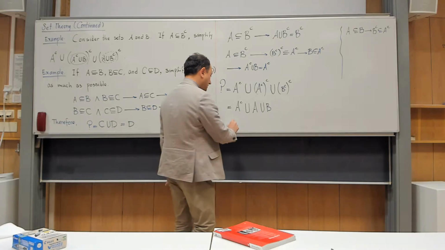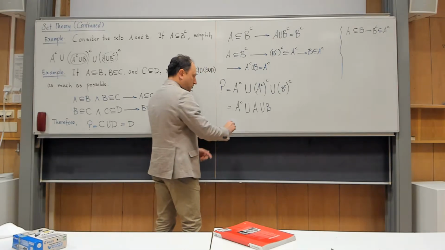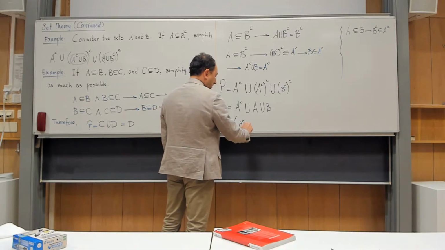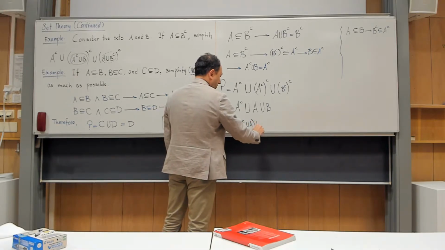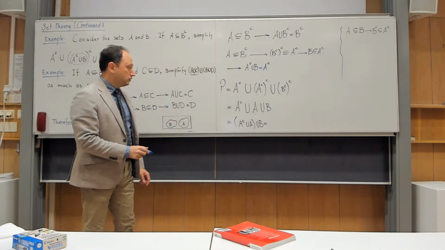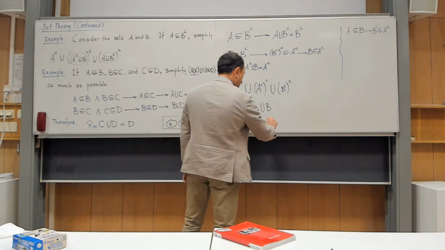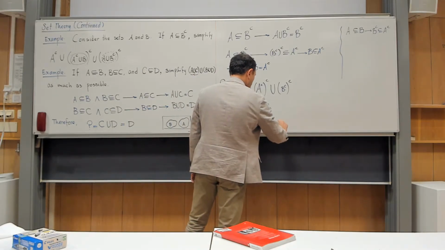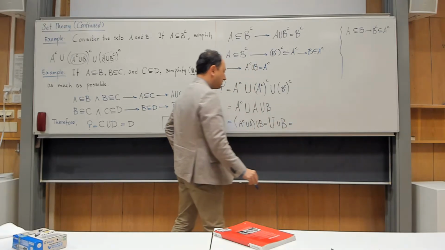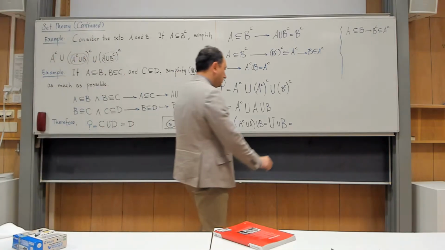Which one do you prefer? The first two is a very good one. Why is that? Because we also know a formula for this. A complement union A is the universal set, and the universal set being unioned by another set, the answer is the universal set. So that's just the universal set.